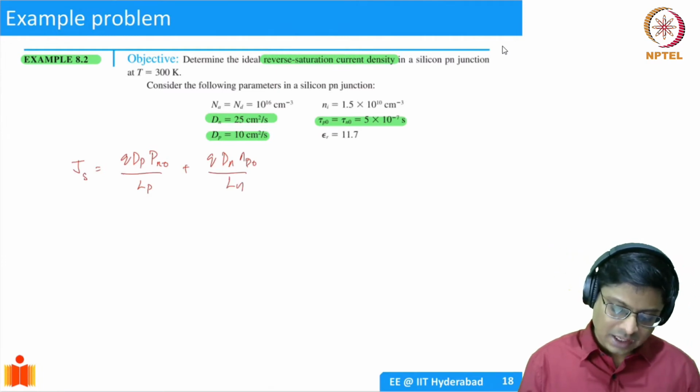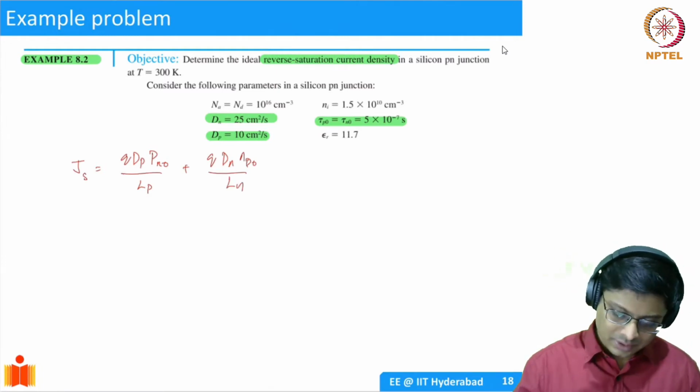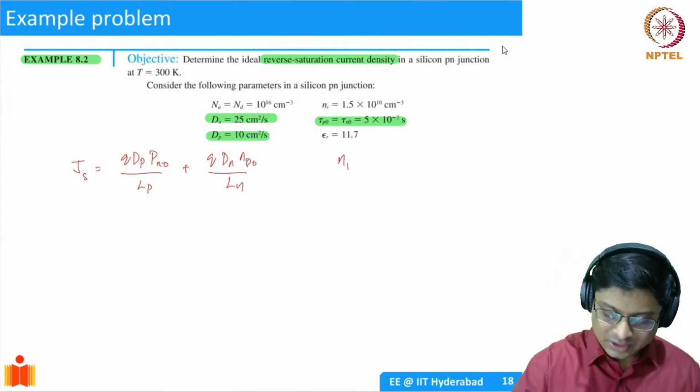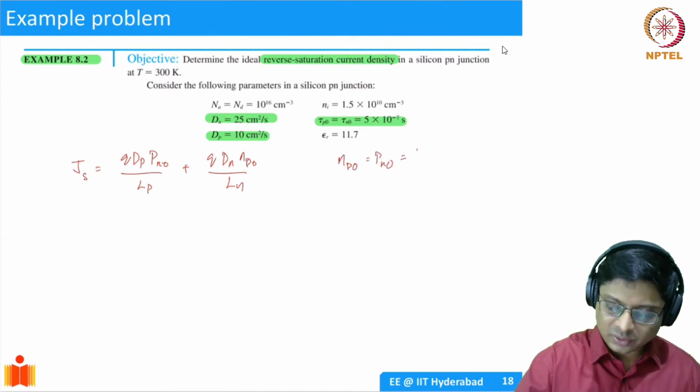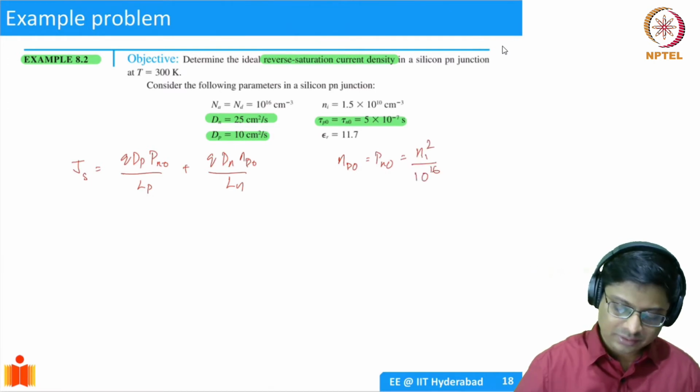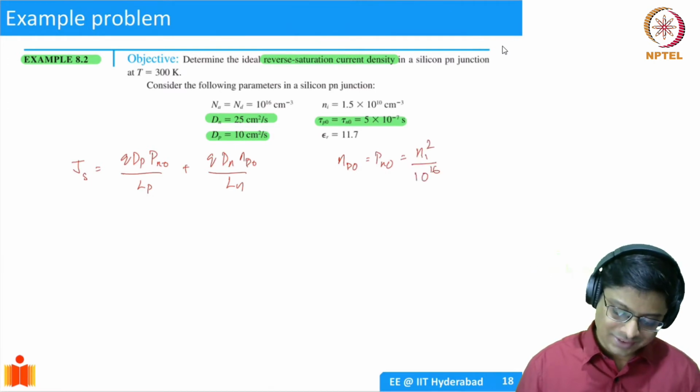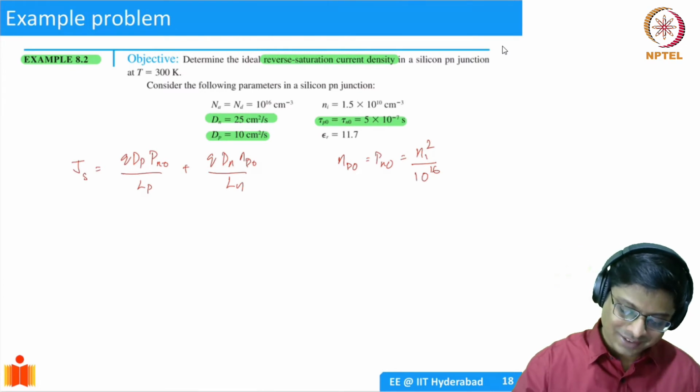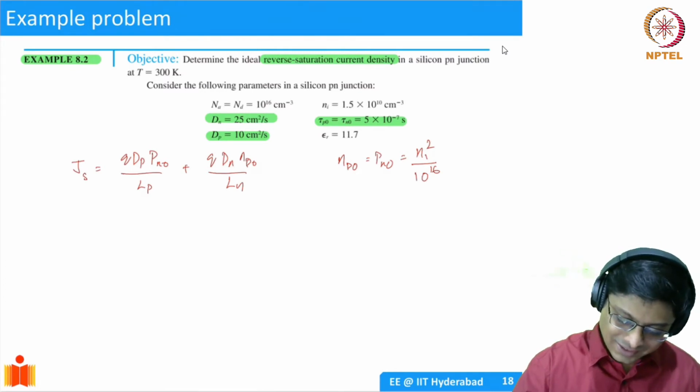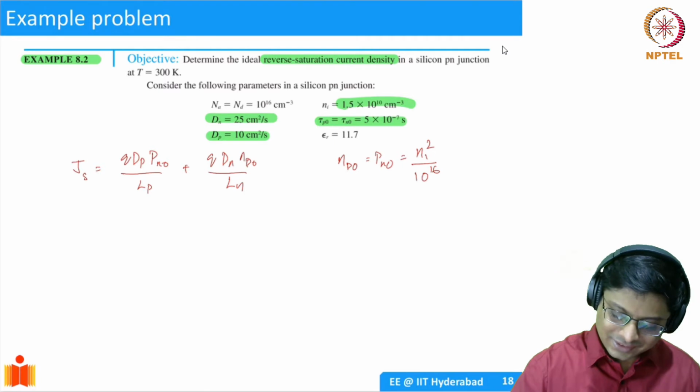Now in this particular problem, we are given Na and Nd are the same. So I'll write np0 equal to pn0 equal to ni squared divided by 10 power 16. It's a simpler problem. I'll take the correct number, which is equal to 2.25 times 10 power 4.